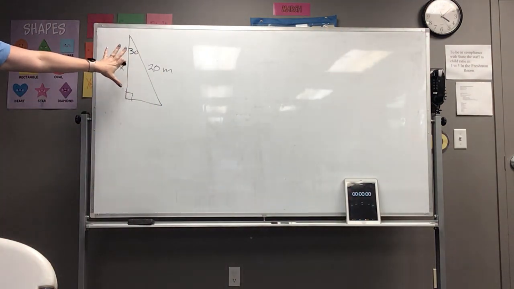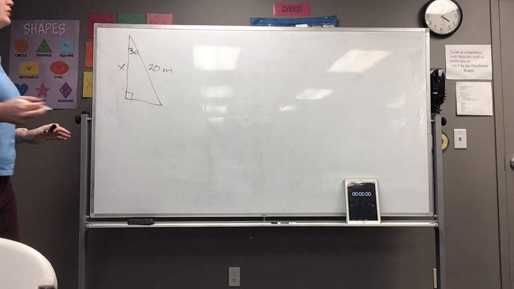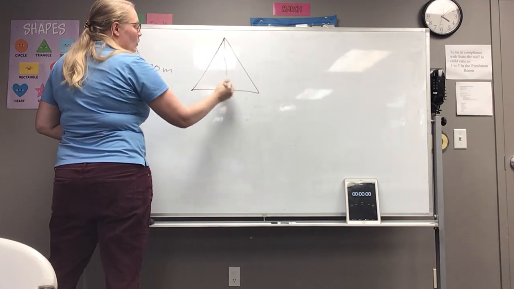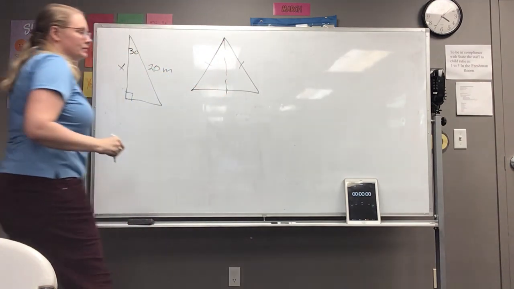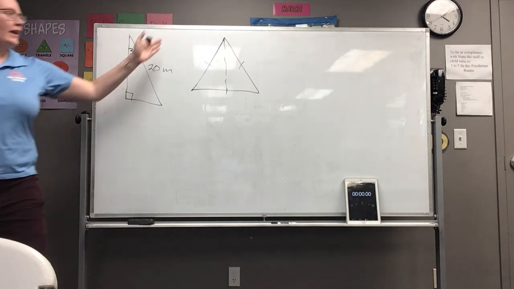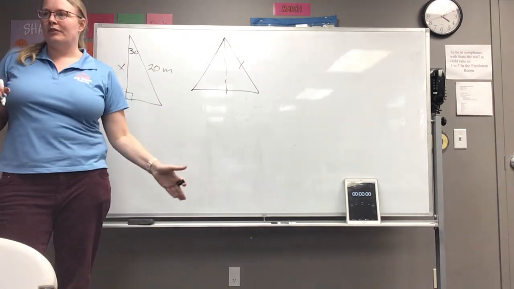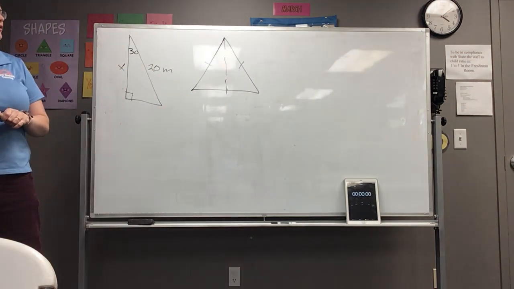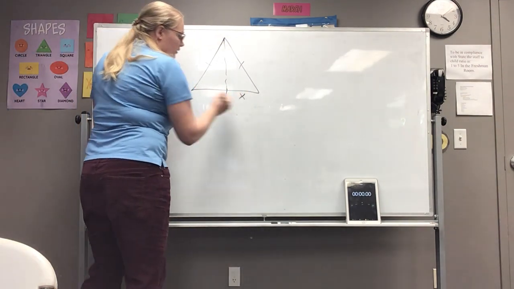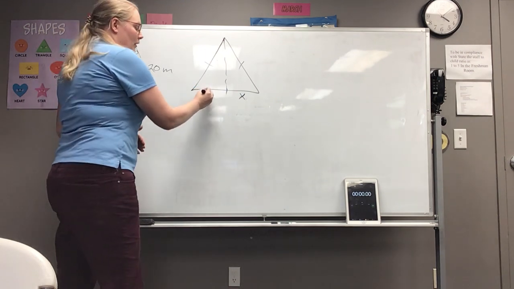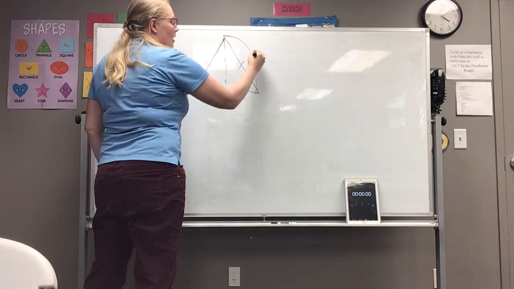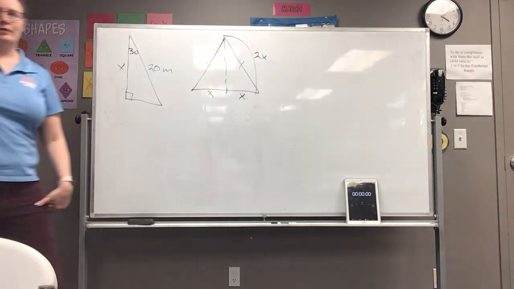30, 60, 90 triangles are one of the special right triangles. I like to teach them as half of an equilateral triangle. Because in an equilateral triangle, all the angles are 60, all the sides are the same. And that's where this comes from. If we take half of this and call it x, then this is also x, and the longest side is double this, 2x.